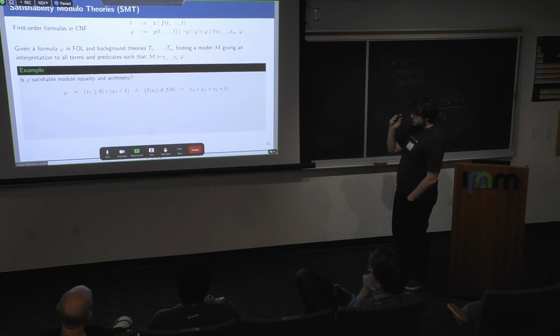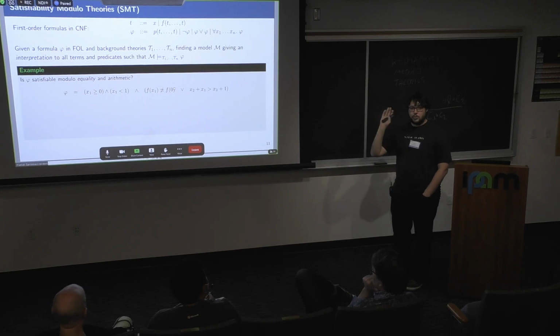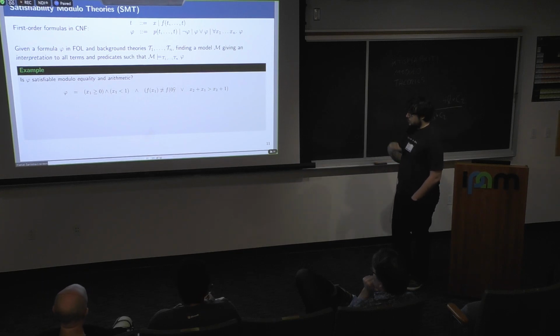So this is an example where we would test satisfiability, where I have integer arithmetic. So these variables here, x1 and x2, they range over the integers. The symbols like this one and this one are what we expect in integer arithmetic.